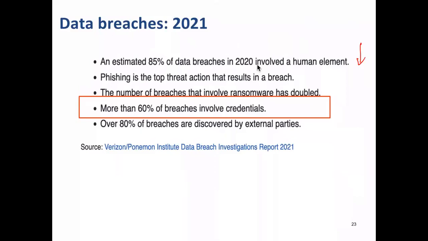Okay. So now, of course, something related to passwords is this one: more than 80% of breaches involve credentials. It means that your user ID, password, and other information are leaked in data breaches, which is important for cyber criminals, and actually is the most important.